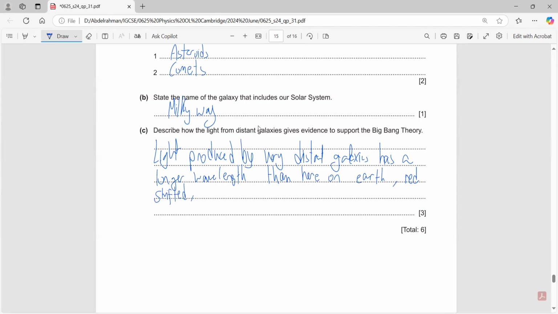If he asks what redshift is, you should say that the light produced by very distant galaxies has a slightly longer wavelength. This is proof that the galaxies are getting further apart, that the universe is expanding. That's it.